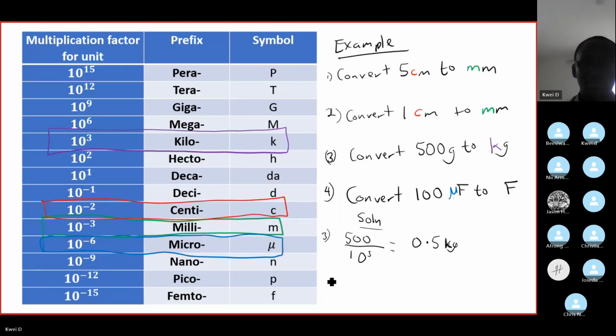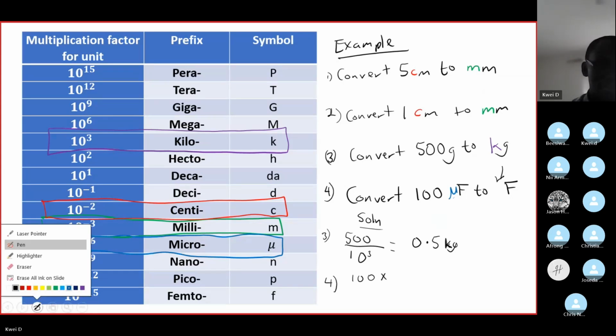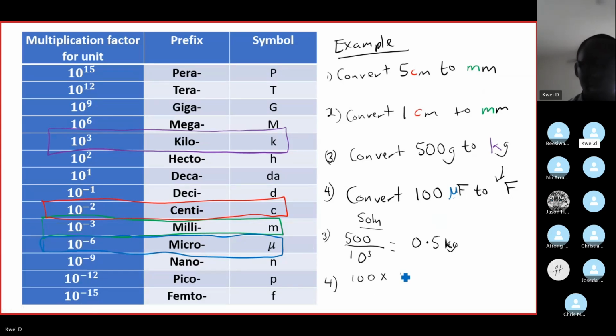The micro. The next one, I divided it by 1 million. You multiply first by what? Micro. And then there's no prefix here, so you divide it. Okay. So it becomes 10 times then the micro, 10 raised to the power minus 6. And there's no prefix in front of the farad. All the prefixes I've colored it for you. So that's all.